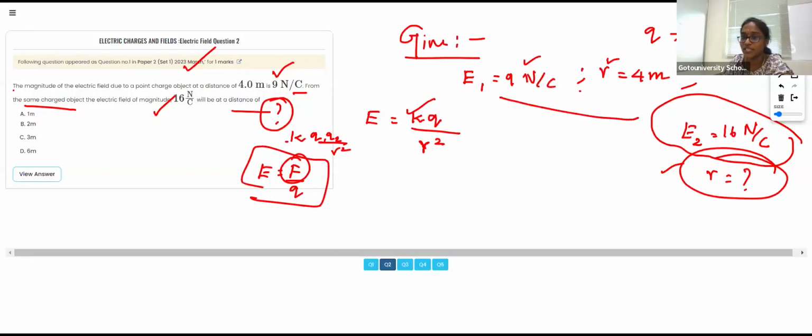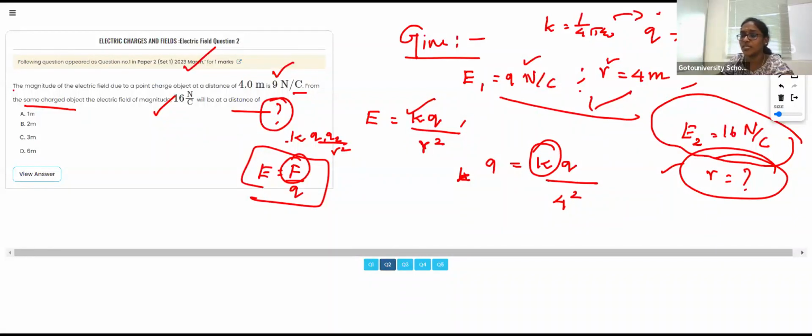Now I'm going to apply these two values here. So E is equal to 9, right? So 9 is equal to K, and then the value of Q we are going to calculate, divided by R, which is 4 square. We know the value of K: K is equal to 1 over 4 pi epsilon naught, and I hope you know that it is 9 times 10 to the power 9.